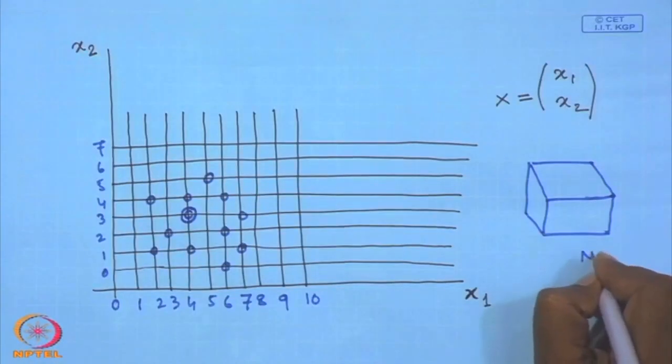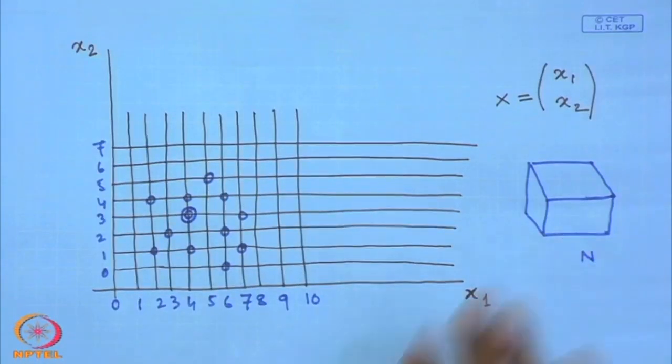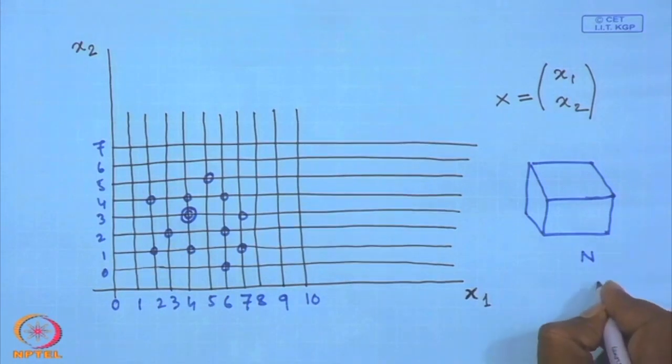As we have done in the case of 1 dimension, I have to find out the volume under every such box. And that volume will be 1 upon the total number of samples which are given for the probability density estimate. So, if the total number of samples is equal to capital N, then the volume of an individual box will obviously be 1 by capital N.